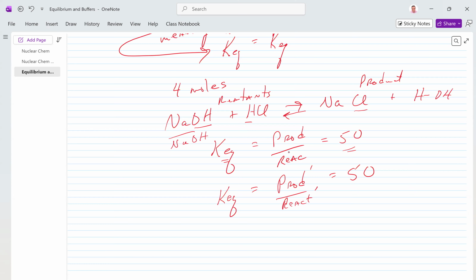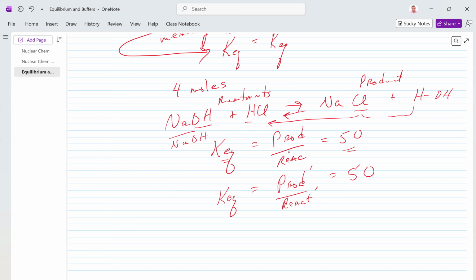Where does it come from? It comes from the other side of the equation, from the product side. So we are now going to get one of these to hook up and go this way, which will balance the NaOH.